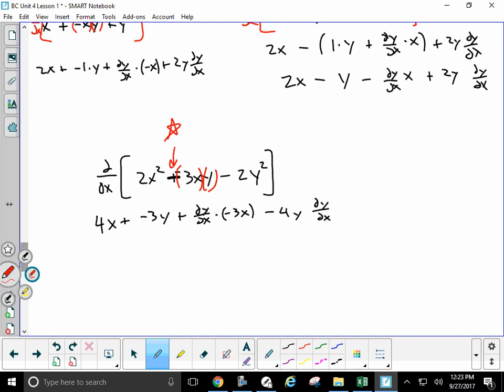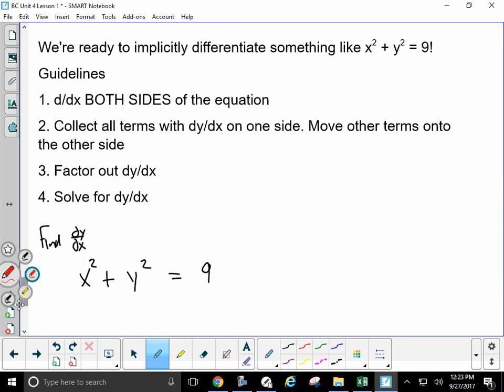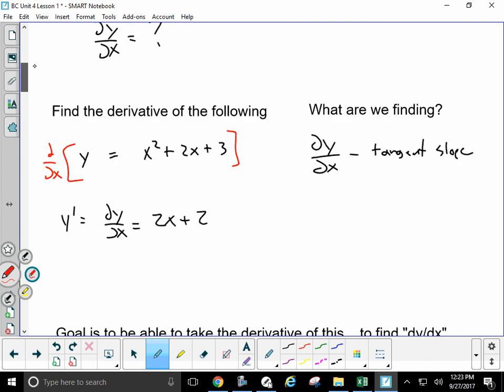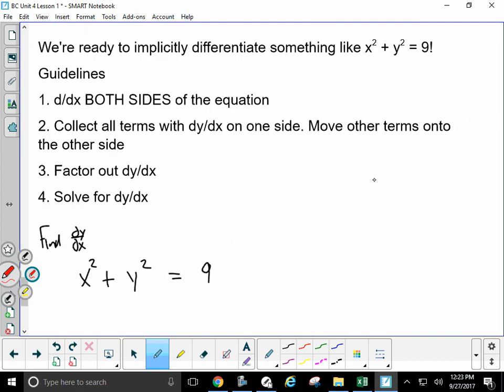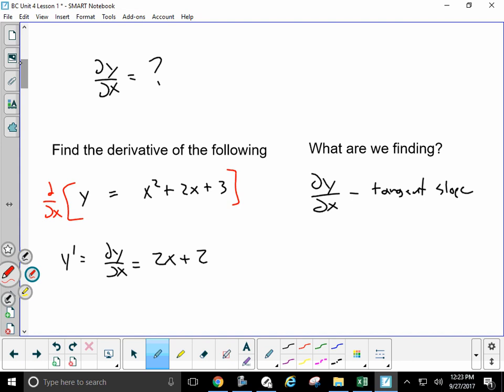All right, we are ready to now find dy dx for an implicit equation like x squared plus y squared equals 9. Again, that's our goal: find this tangent slope generator, which is dy dx. That's probably an important thing to write here. This is a tangent slope. Not only is it a tangent slope, but when we find an equation, we get a tangent slope generator.